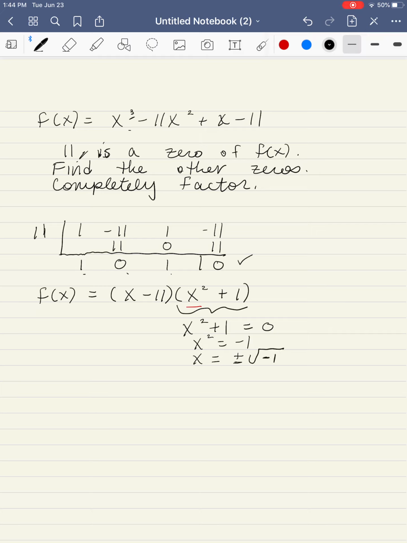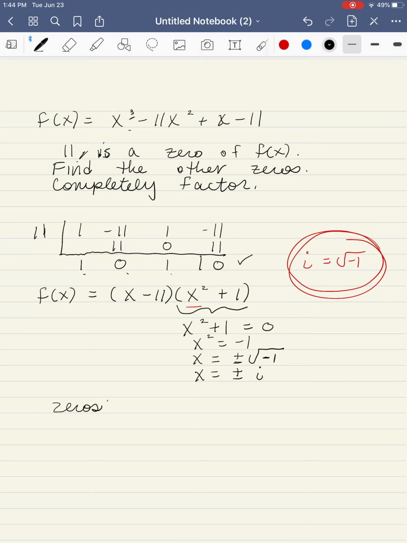So we see that we subtract 1 from both sides, and then we take the plus or minus square root, so we get x on the left, plus or minus the square root of negative 1. Now we know that we have a special name for the square root of negative 1. We call it i. We never leave a negative under the square root.